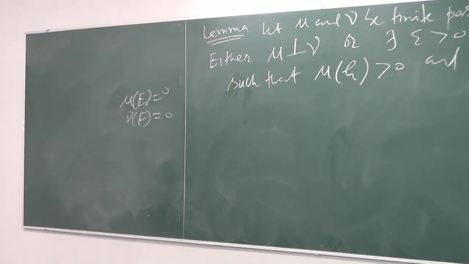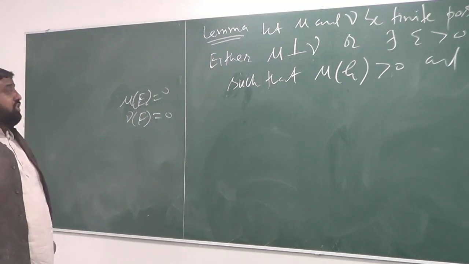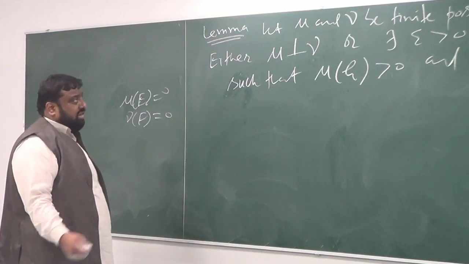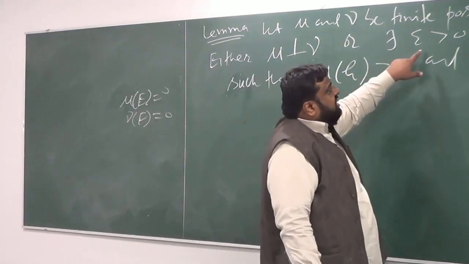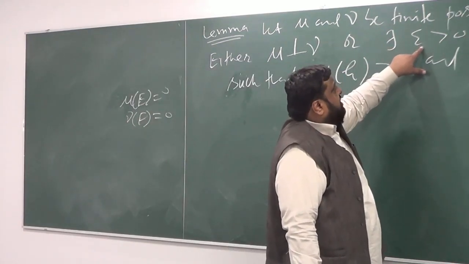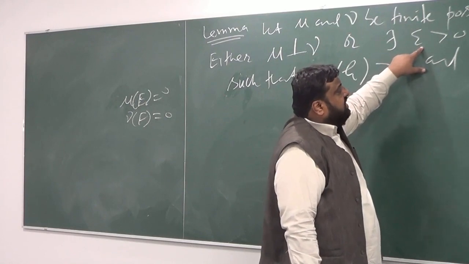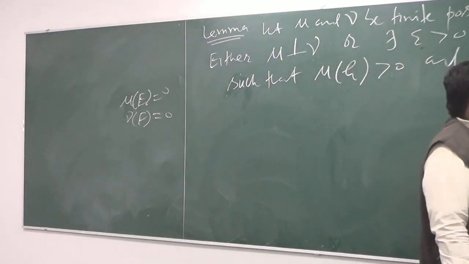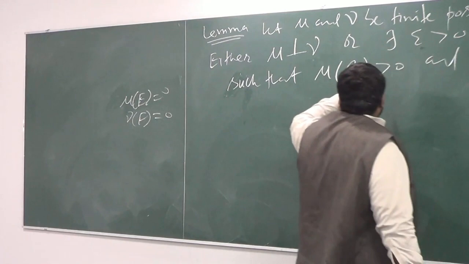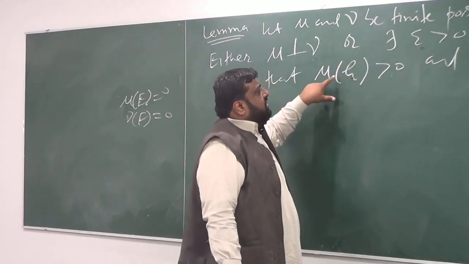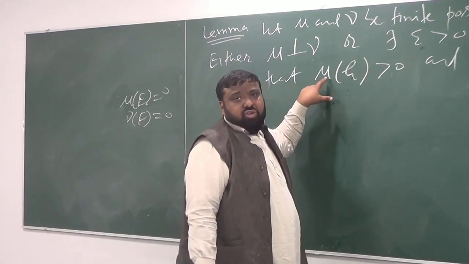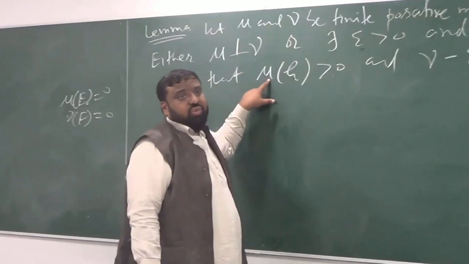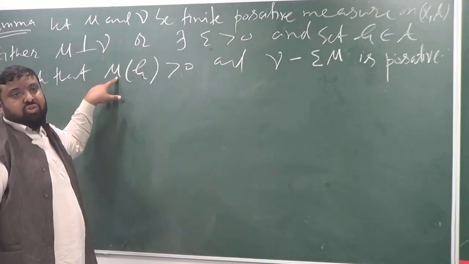This is true. Then we are saying that if this is not true, that they are not mutually singular, then we can find a small epsilon and a set G such that this set G has a positive measure under one measure, which could be nu as well. I mean, you can take nu here instead of mu. It makes no difference.